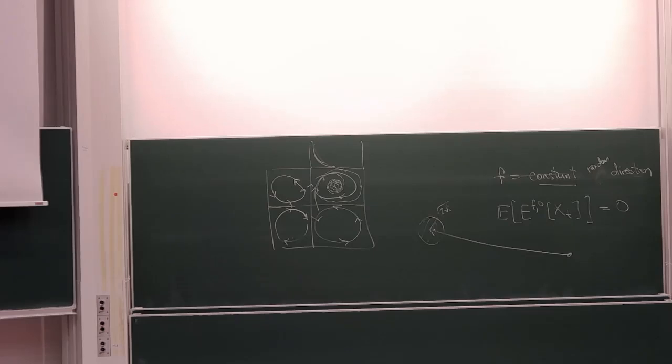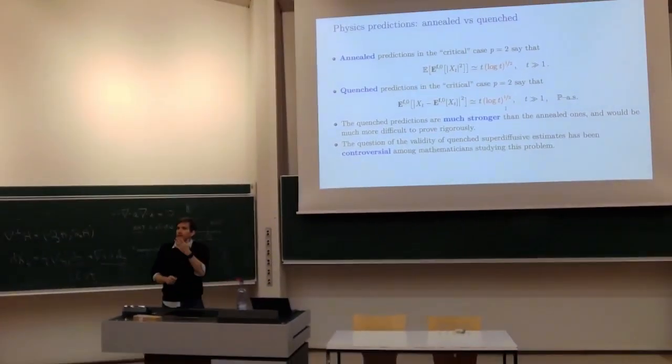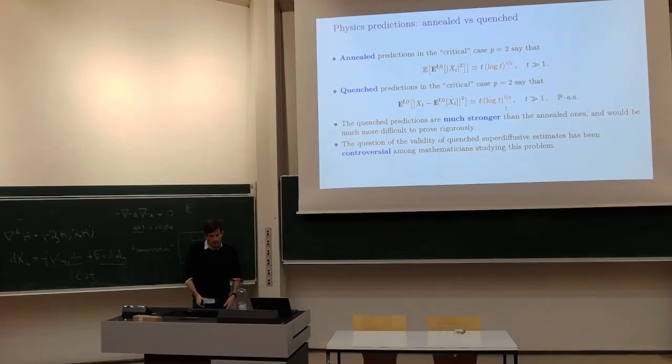And once in a while, the origin will be just by luck near a streamline that goes very far away. And if that happens, the particle goes really far away, much, much further maybe than this, maybe t squared. But that happens so rarely that by the time you take the expectation, you get this log correction. And that's what they said. They said that this is what we think is happening. But the physicists actually predicted the quenched result.